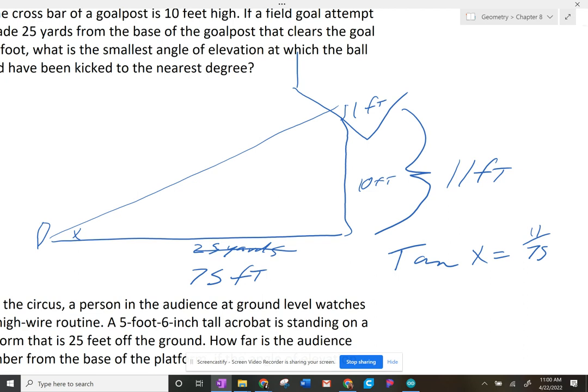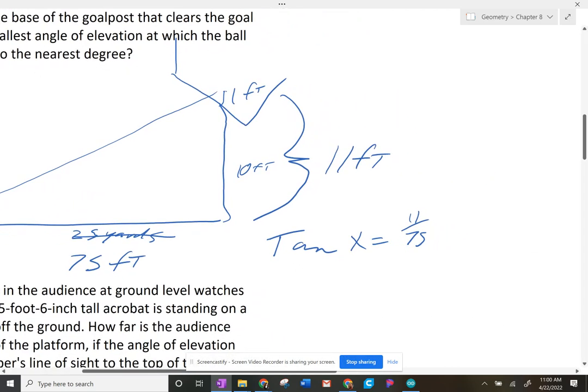And then all I do is I solve it just like you did yesterday. What do you think? This is the regular one, right? So I don't know this value, so yes, I'm going to use the inverse function. So if I punched into my calculator, it would be inverse tangent, so tangent to the negative 1, 11 over 75.